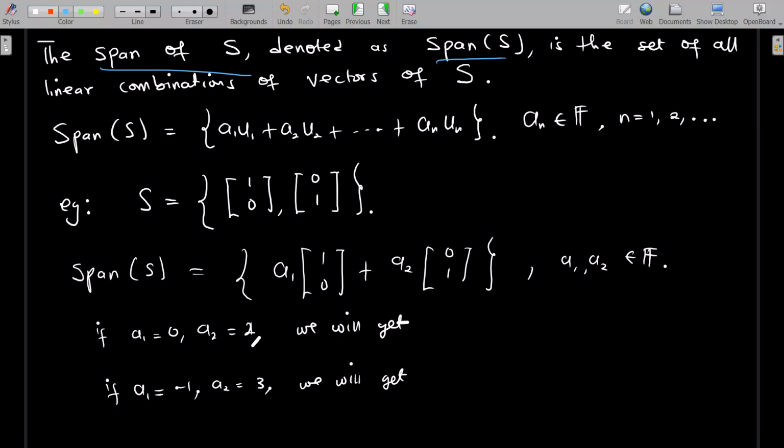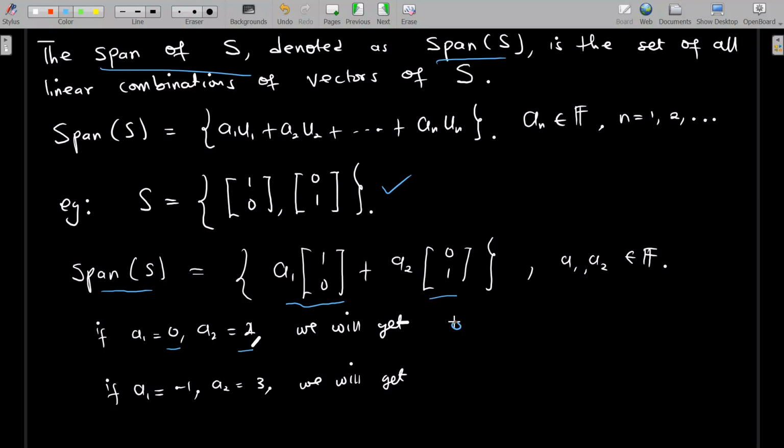An example for you to understand what I'm saying: taking the same S, the span of S is all the set in this form: a1 times (1, 0) plus a2 times (0, 1). In this case, if a1 is equal to 0 and a2 is equal to 2, what vector are we going to get?